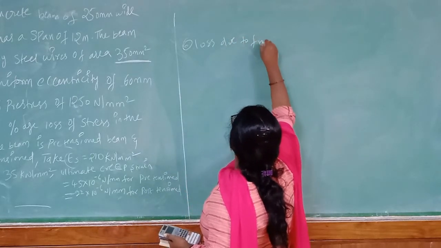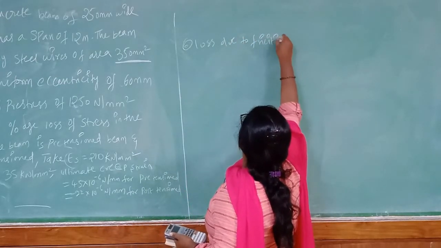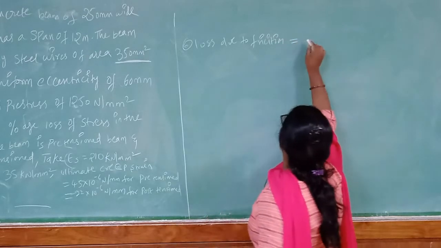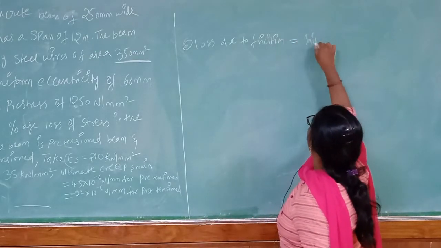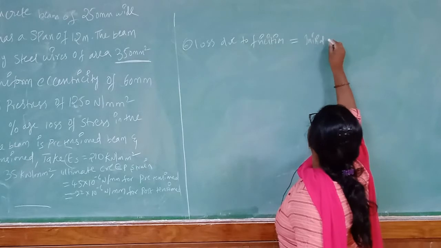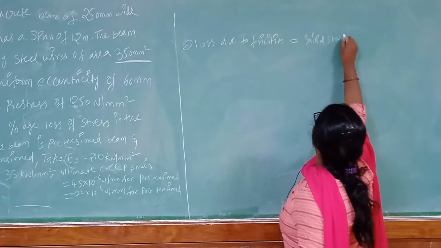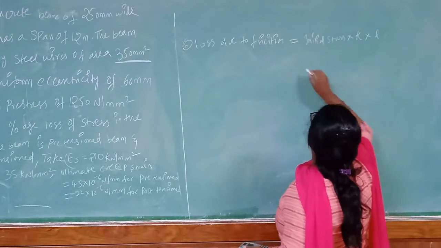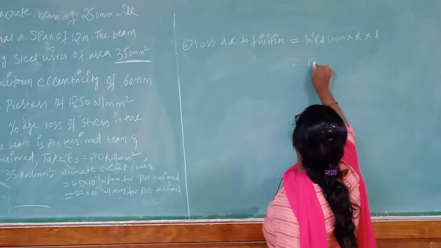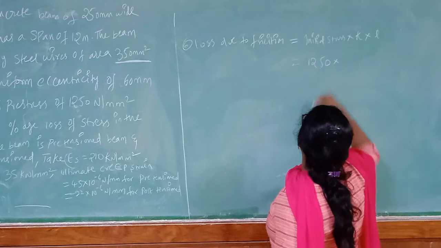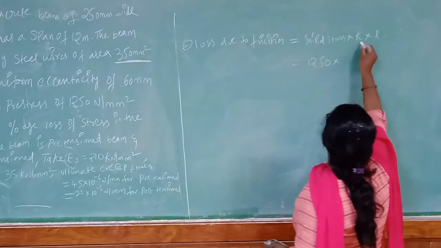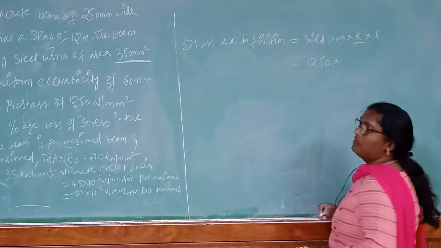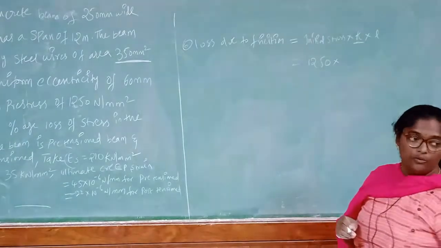Loss due to friction. As we have already discussed in the theory part, whenever you calculate the friction, the Wobble effect automatically comes into the picture. Here the initial stress is 1250 into K, the coefficient called the Wobble effect.